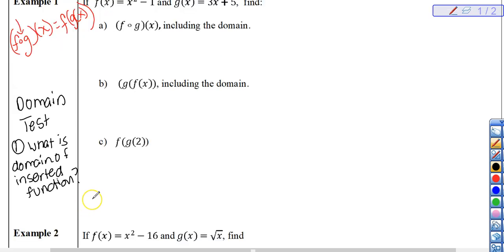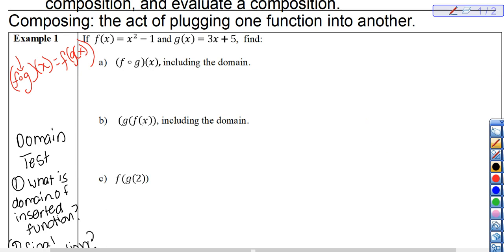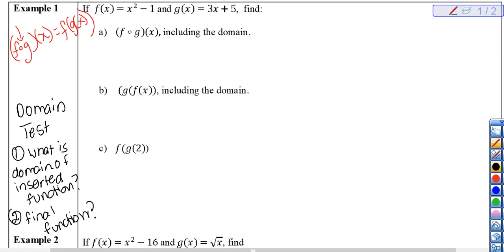So we need to identify that. And test number 2 is, how about the final function? What's the domain of the final function? We're looking for where the two overlap. Where do they intersect? Because that'll give us the domain of our composed function. Okay, so those are our tests. This is how we determine what our domain is going to be.